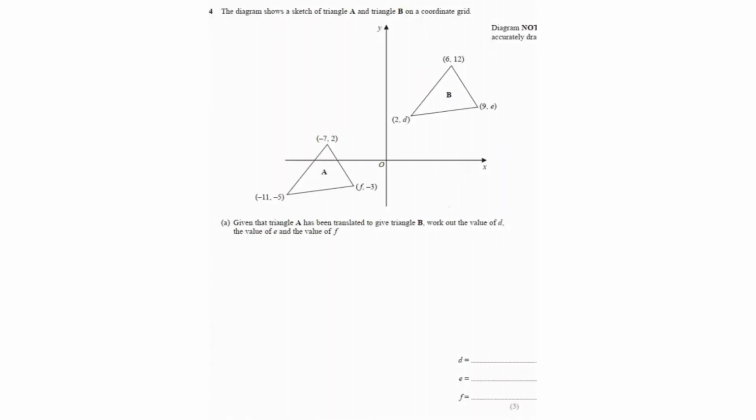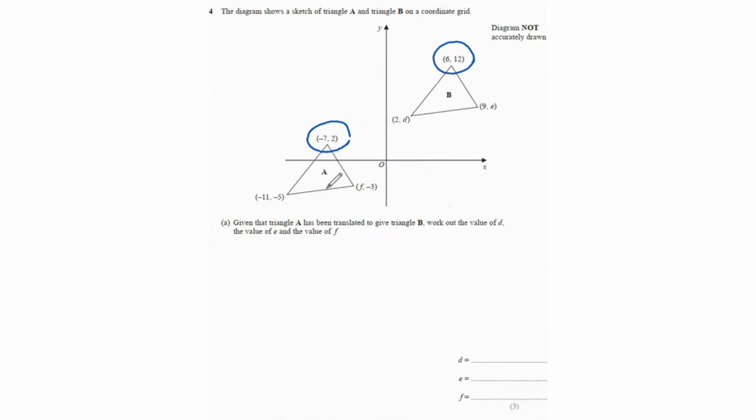Then the next question says the diagram shows a sketch of triangle A and triangle B on a coordinate grid. Given that triangle A has been translated to give triangle B, we have to work out the values of D, E, and F. So we need to see what the translation vector is first. So let's use the points that are already given for the same corresponding point.